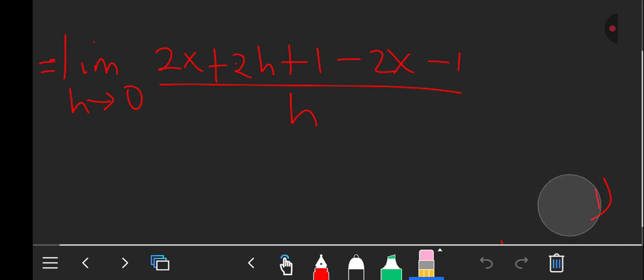I can now cancel out what is common. 2x and 2x will cancel out, and 1 minus 1 is 0.